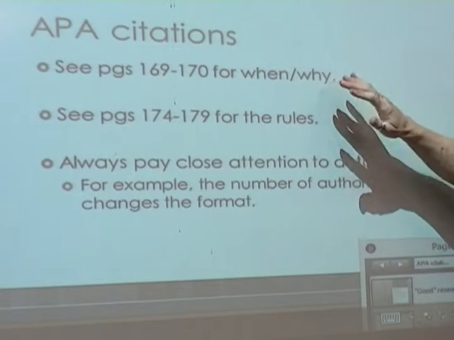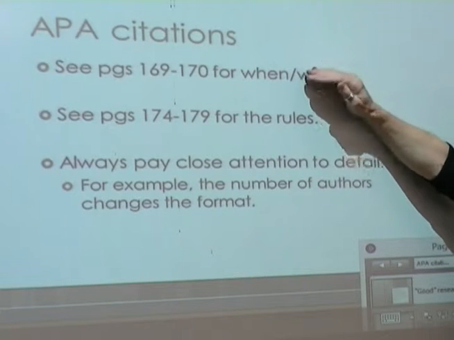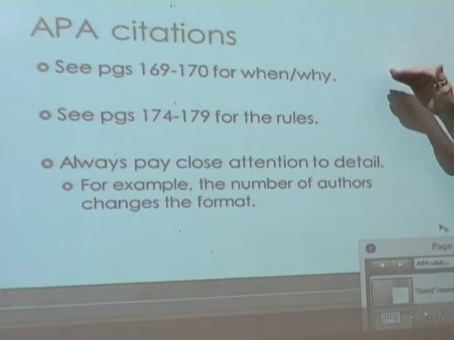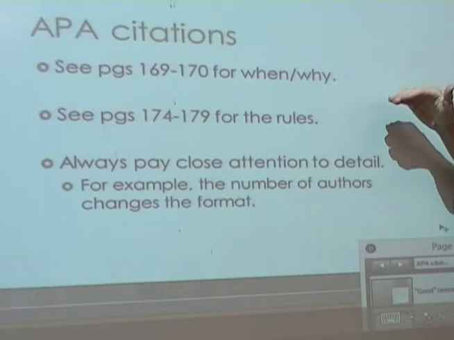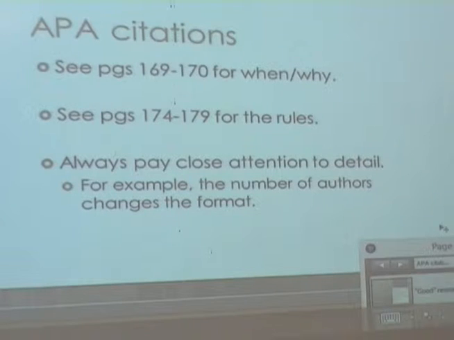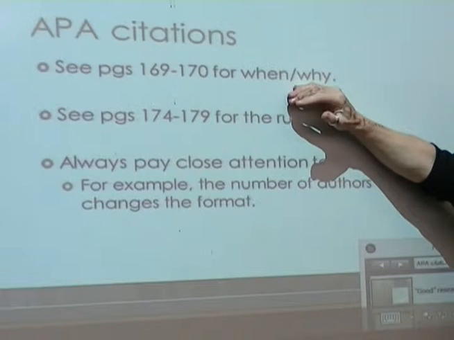So if you use someone else's information and you do not tell your reader that that information came from somewhere else, you are plagiarizing. So citations become very important because they're the thing that gets you out of trouble. You can't be accused of plagiarizing if you cite correctly and appropriately.